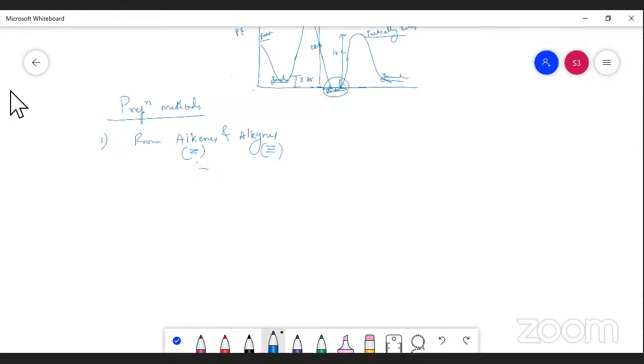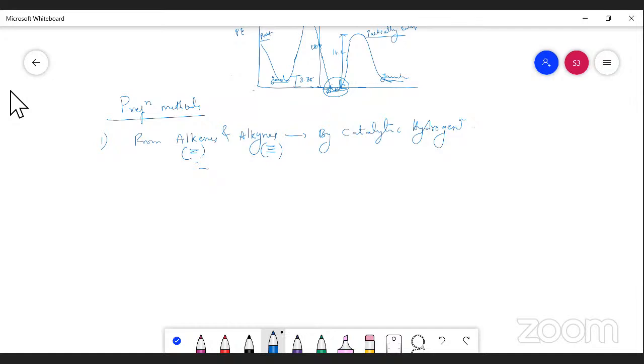If we break the double bond and the triple bond, we get single bonds. So how can we prepare this? By catalytic hydrogenation. What do you mean by hydrogenation? Addition of hydrogen. In the presence of a catalyst, that is catalytic hydrogenation. So simply by the catalytic hydrogenation of alkenes and alkynes, we can prepare alkanes.